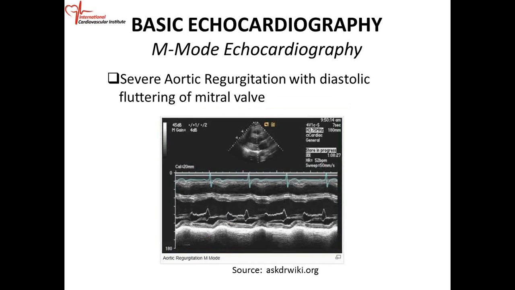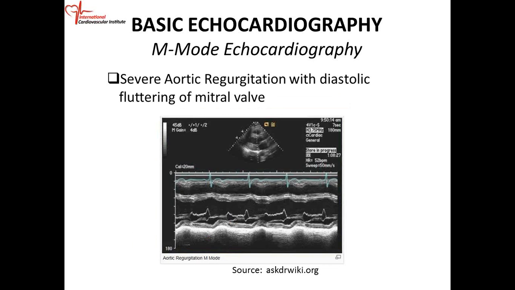Not only can it cause it to flutter, but you can also get diastolic closure of the mitral valve if you have torrential aortic insufficiency. Because remember, the mitral valve opens in diastole, but you have this blood coming from the aorta and hitting the anterior mitral leaflet, trying to close it. So you can get premature closure.